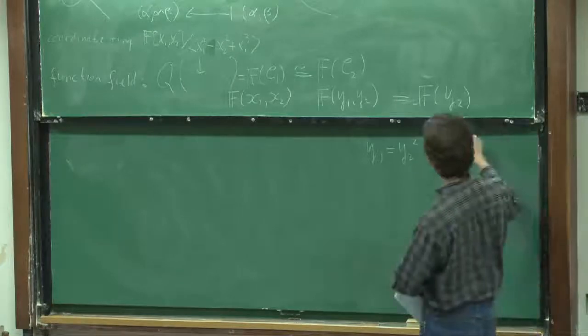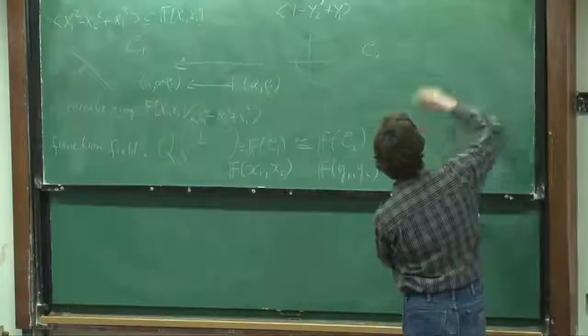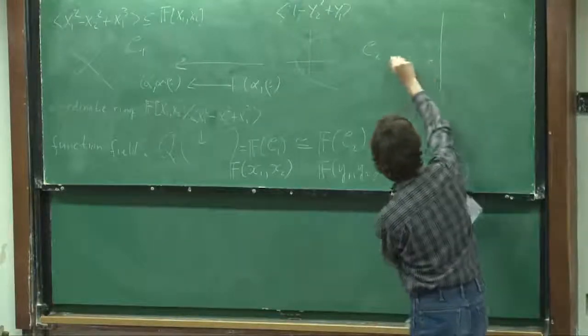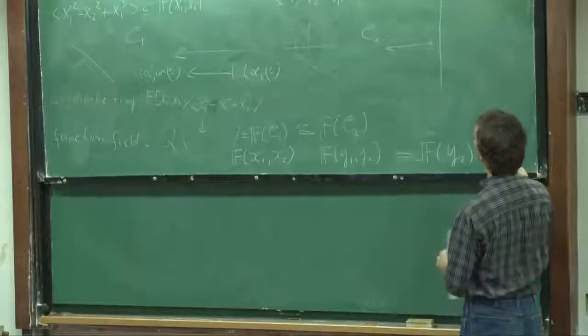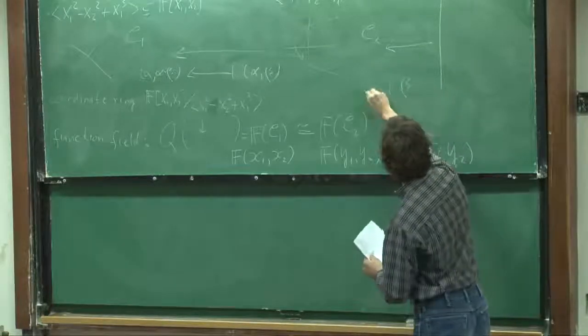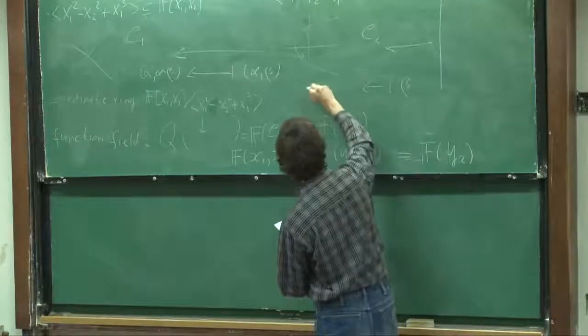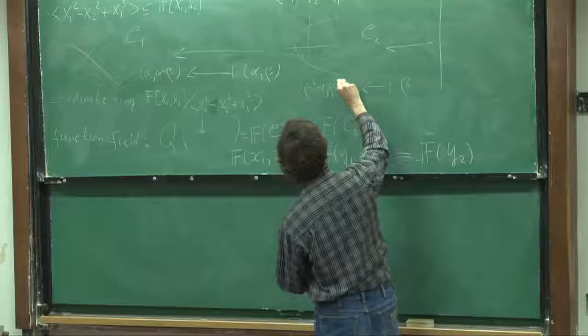And again, there is a geometric consequence of this, because it just means that we can identify this parabola with a line. And what do you do? You just send an element beta to a point on this curve, namely beta squared minus 1, beta.